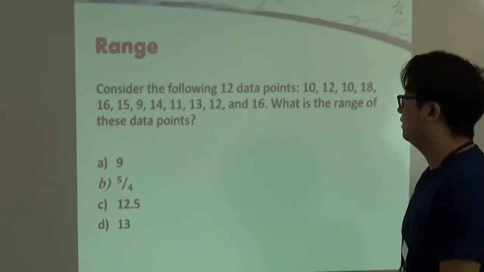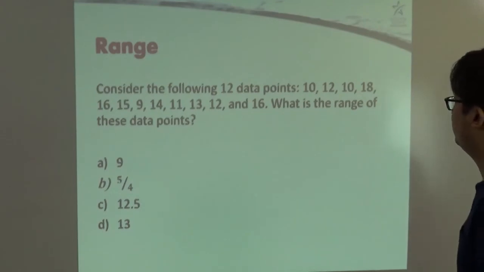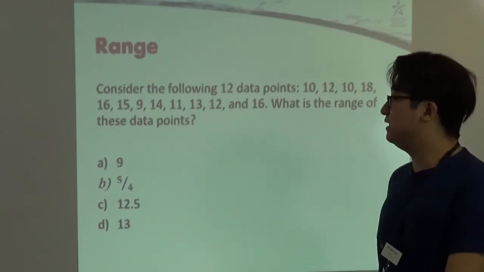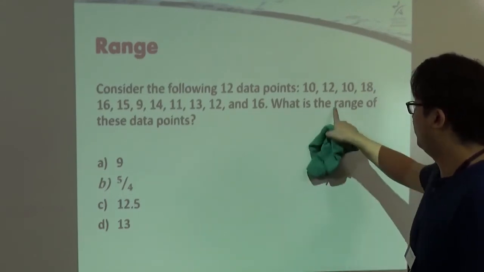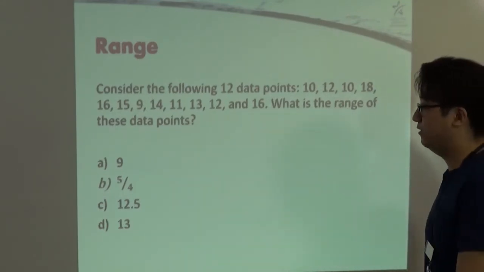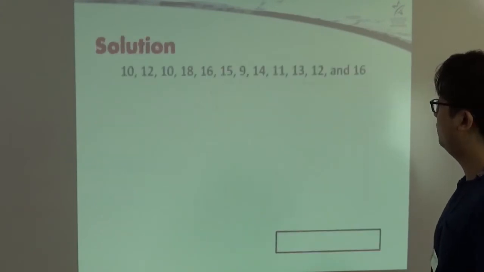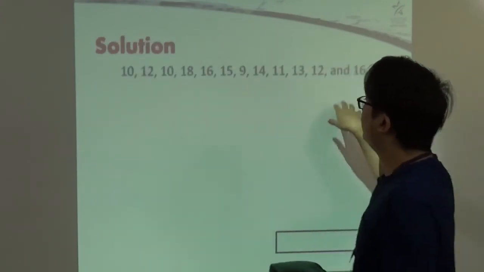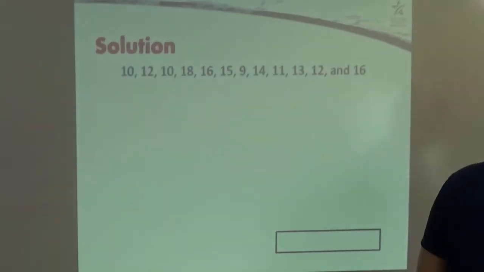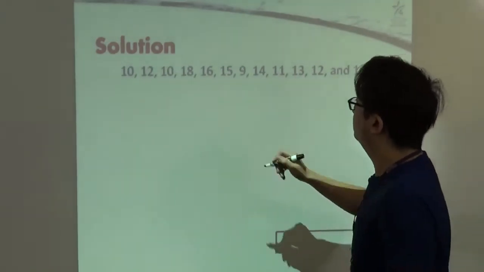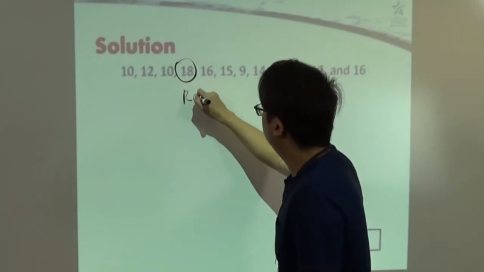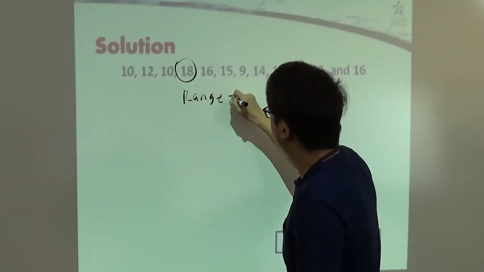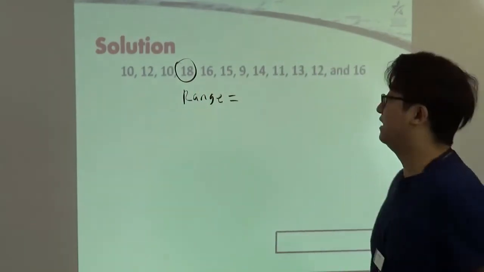Now, range. Consider the following 12 data points: 10, 12, 10, 18, 16, 15, 9, 14, 11, 13, 12, and 16. What is the range? So range, all we're doing is looking at what's the biggest number out of our set of data. Our biggest number would be 18. You remember the definition of range: you take the biggest number, subtract the smallest number.